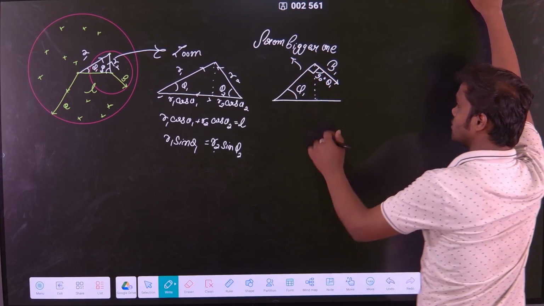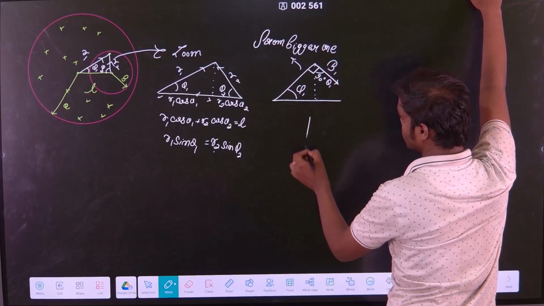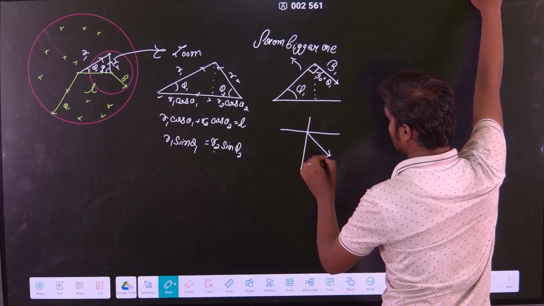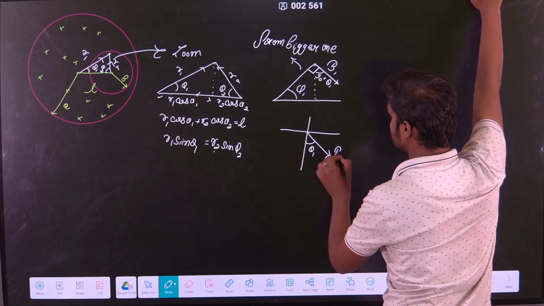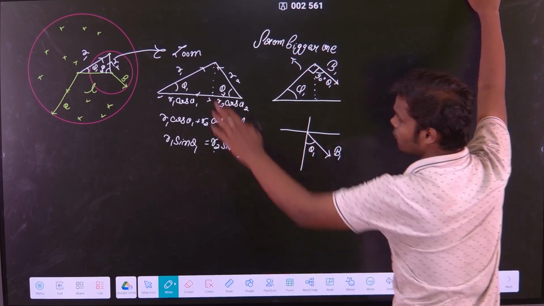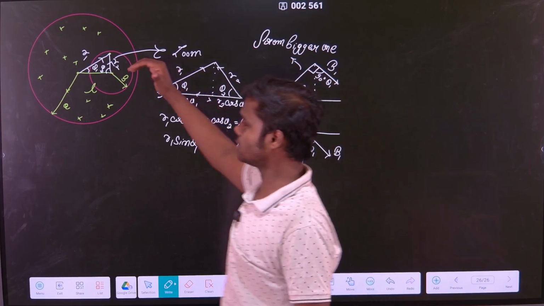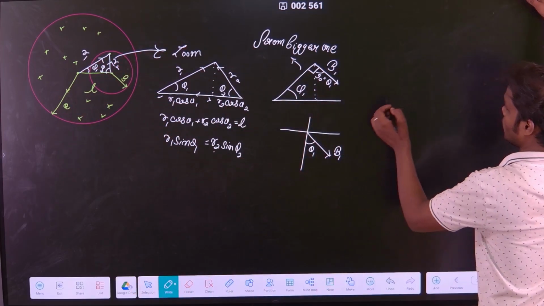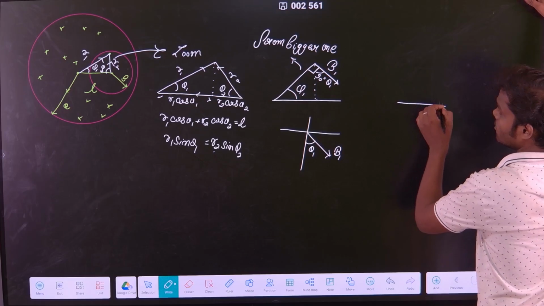Correct. So if this is theta 1, what is the component? You can see it like this. This is the force we have, this angle is theta 1, and this is B1. Similarly, for the other case, you will consider current outside. You will write it like this. So for the other case, it will be something like this.